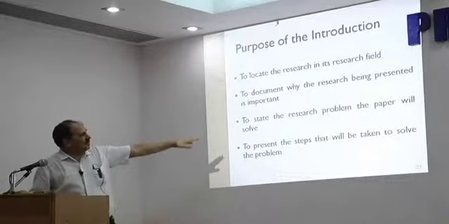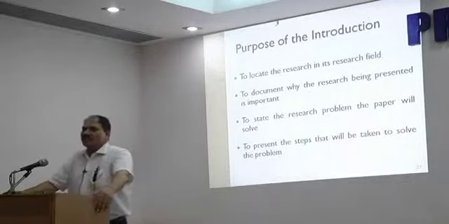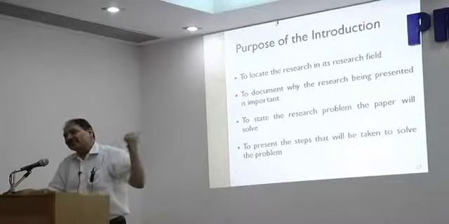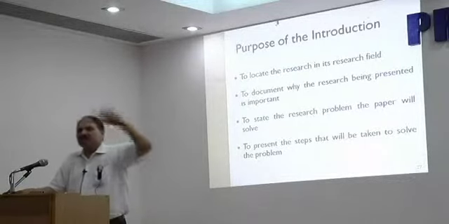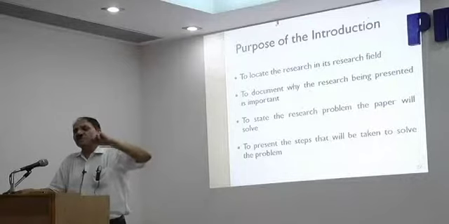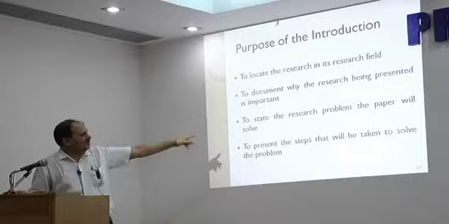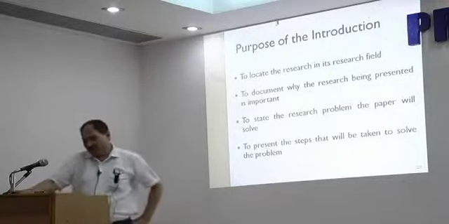Third is to state the research problem the paper will solve, right? So whatever is the research title, you need to operationalize it here. Research title is a general title. You need to operationalize it, how you are going to do it in your research. So state the research problem the paper will solve, and present the steps that will be taken to solve the problem.